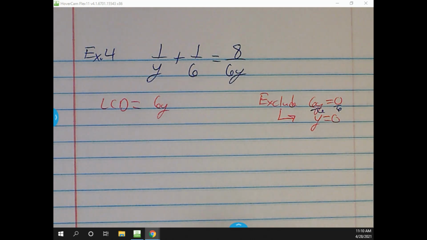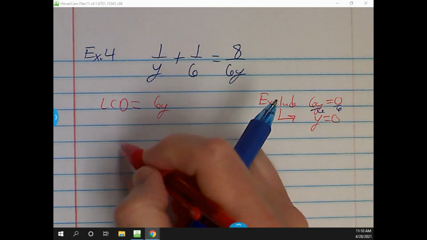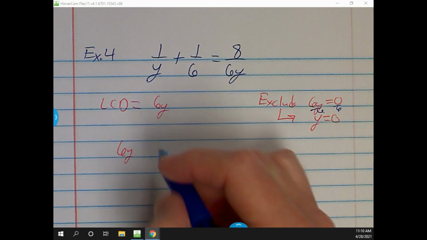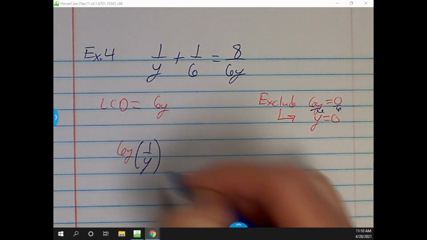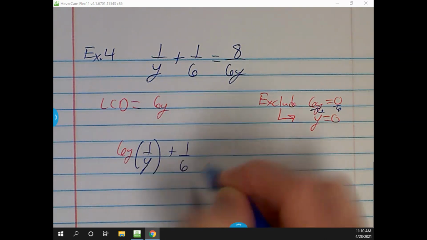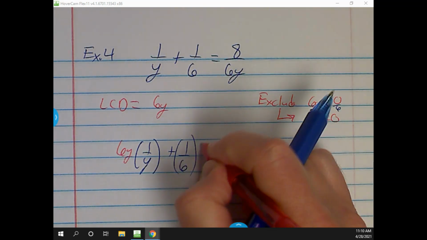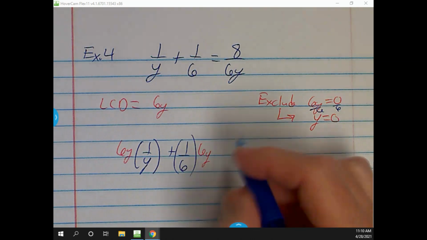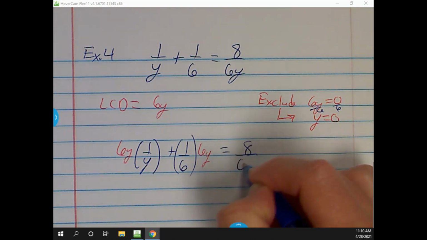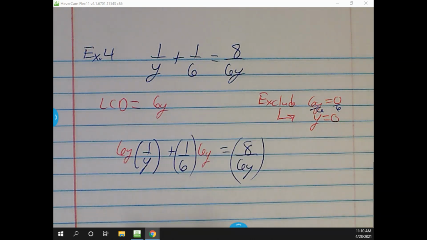Okay, now this one we'll go ahead and rewrite because it's not very long. So we're going to do 6y times 1 over y plus 1 over 6, times 6y, equals 8 over 6y times 6y.